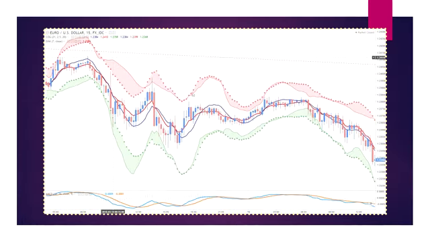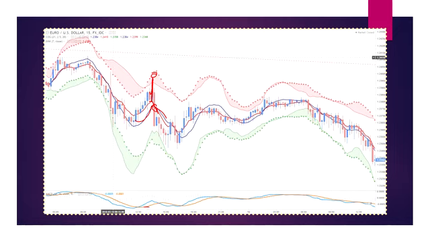Let's check more examples. So what we can see here is that we tested our upper channel line. From there, what we see is the crossover, that red line crossing below the mid COG line. And from there, we want to wait for what?